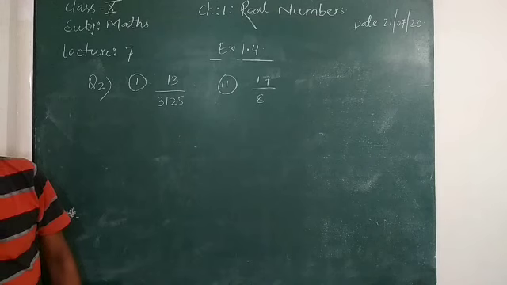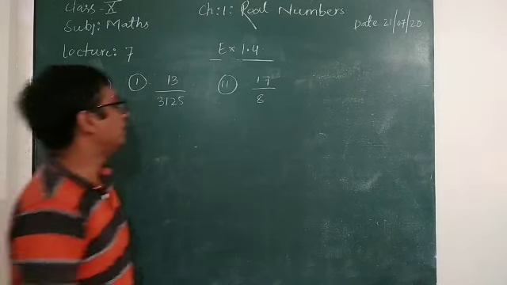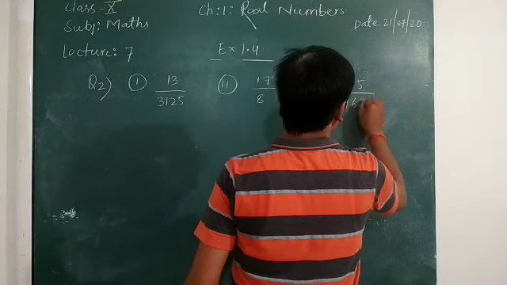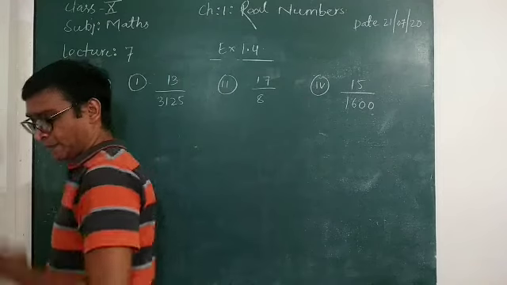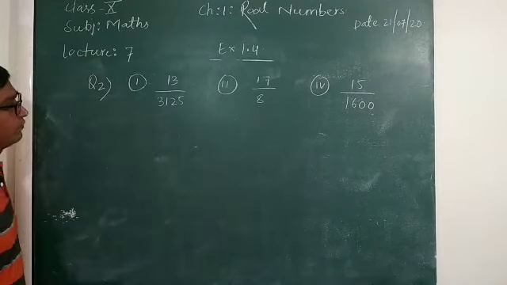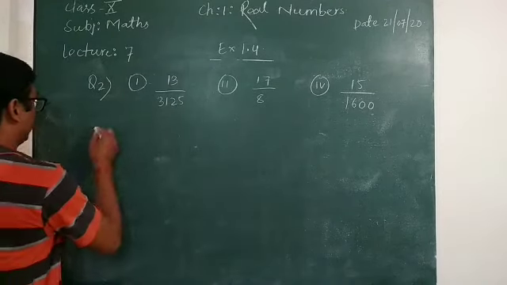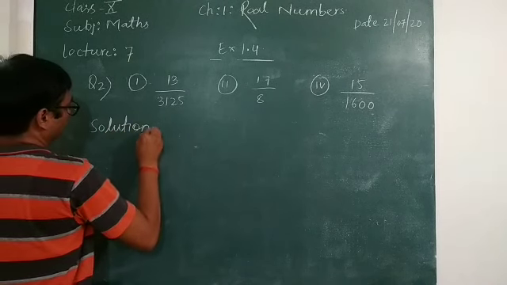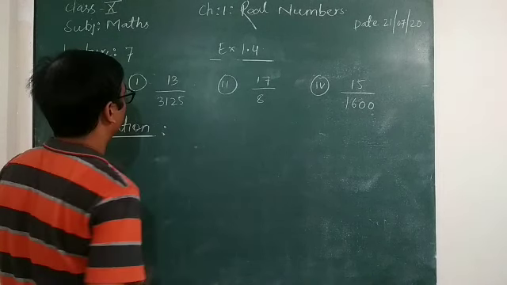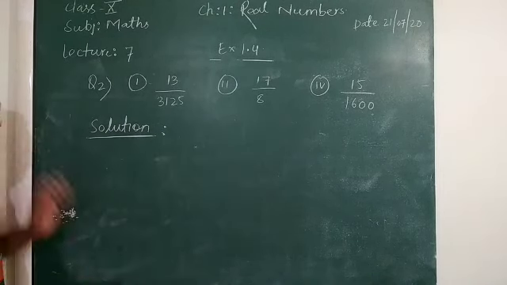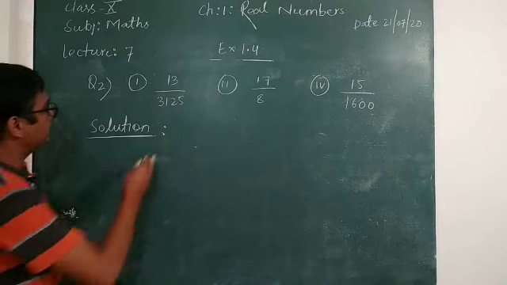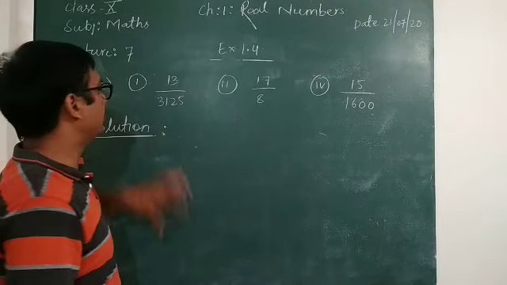Fourth can also be retained as a terminating number: 15 upon 1600. First, 13 upon 3125 we have to divide here so that we can find the decimal expansion.